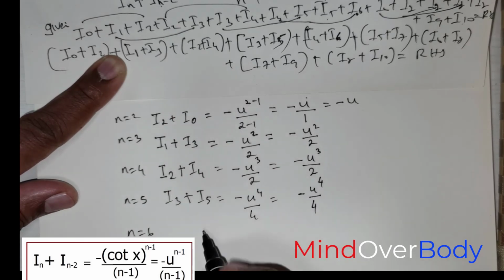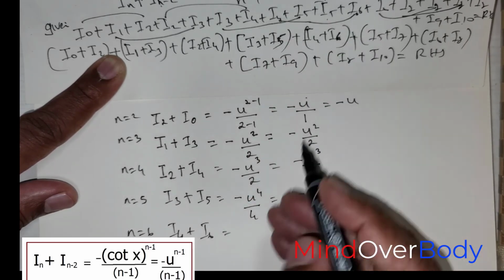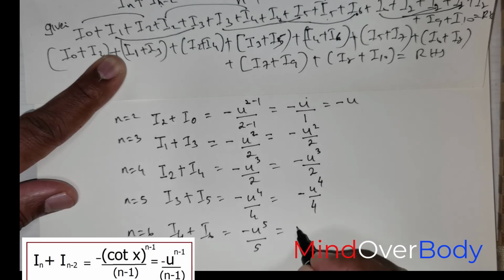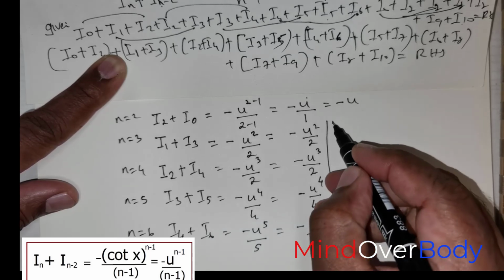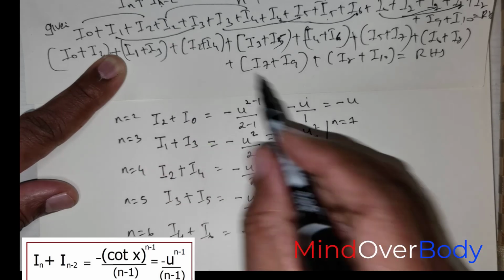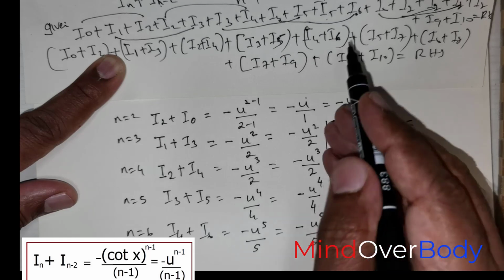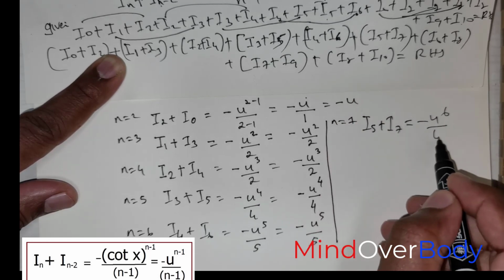So next n is equal to 6. 6 would give me I4 here, and I6, so n is equal to 6 would give me negative u raised to the power of 5 divided by 5. Now n is equal to 7, let me use the space here, and that would give me I5 positive I7 is equal to negative u to the 6 divided by 6.